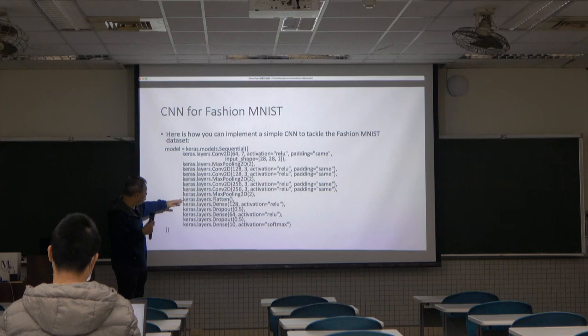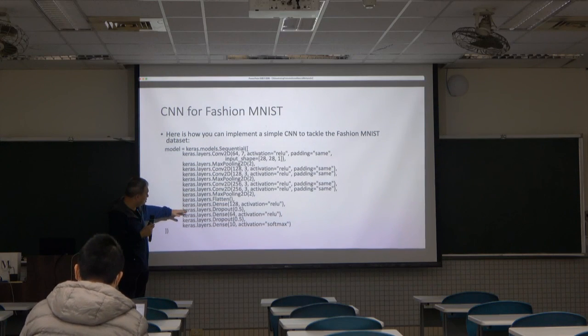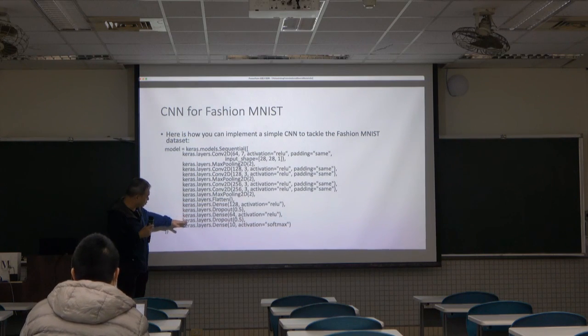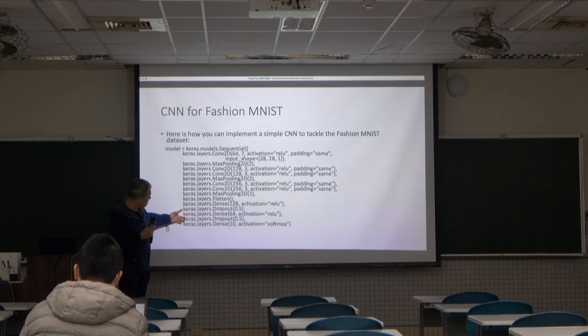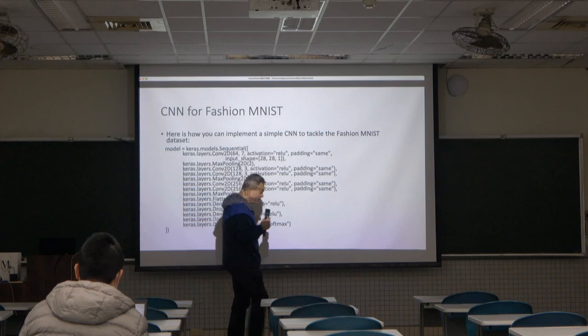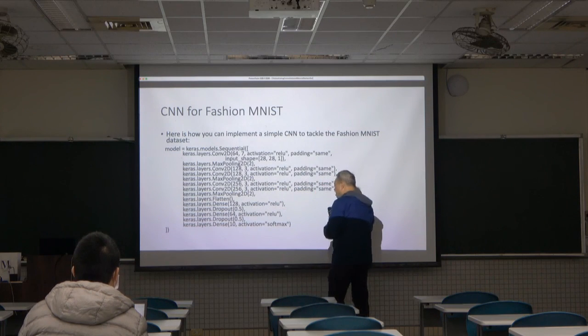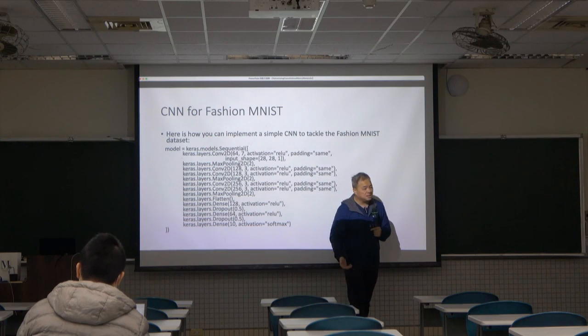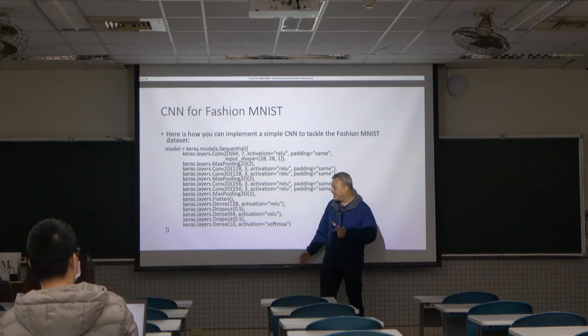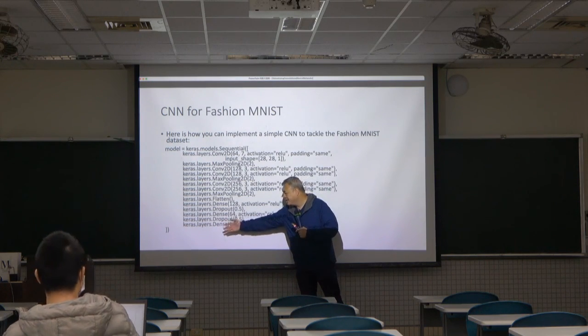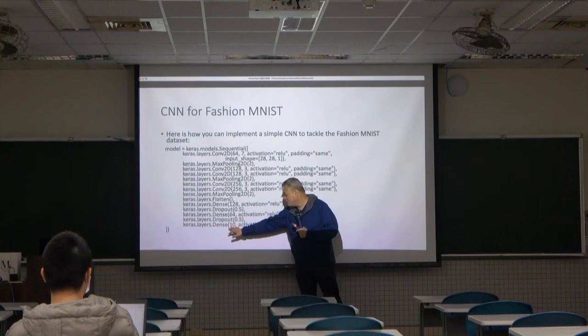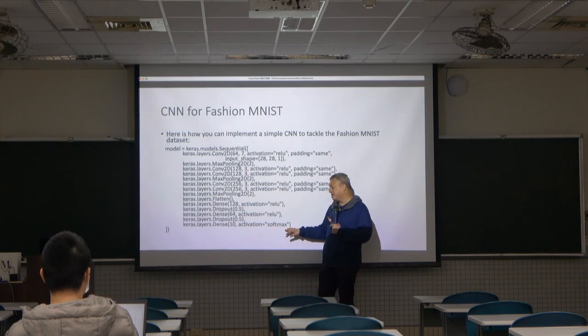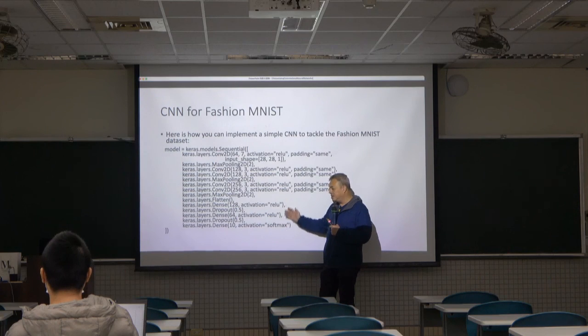So use dropout here, then another dense layer and dropout again, and the dropout rate can be as large as 50%, sometimes even higher. Then, because this is a classification task with 10 classes, the last layer has 10 neurons with the softmax activation function, and that's it.